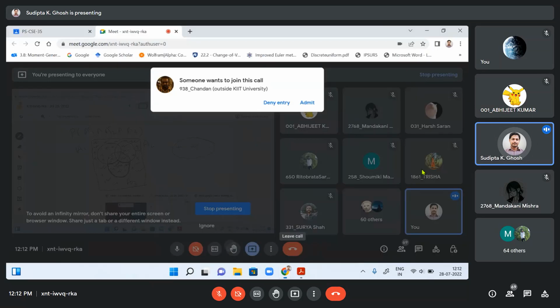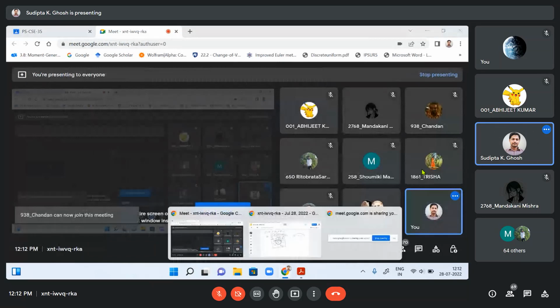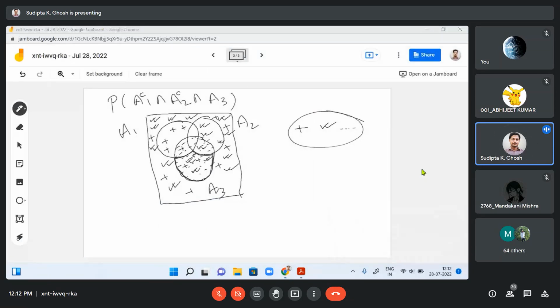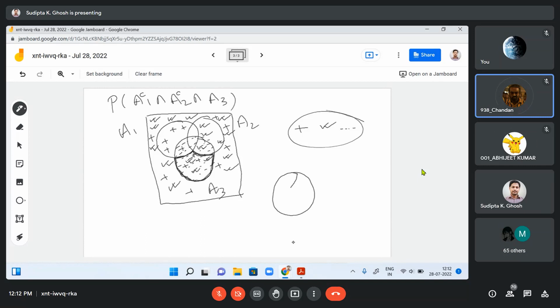So this lower part is common to all. Can I write this part in this format? Just tell me yes or no. Correct?